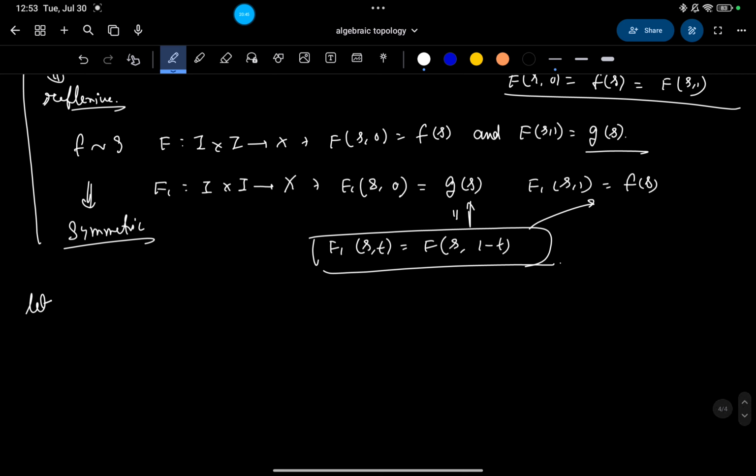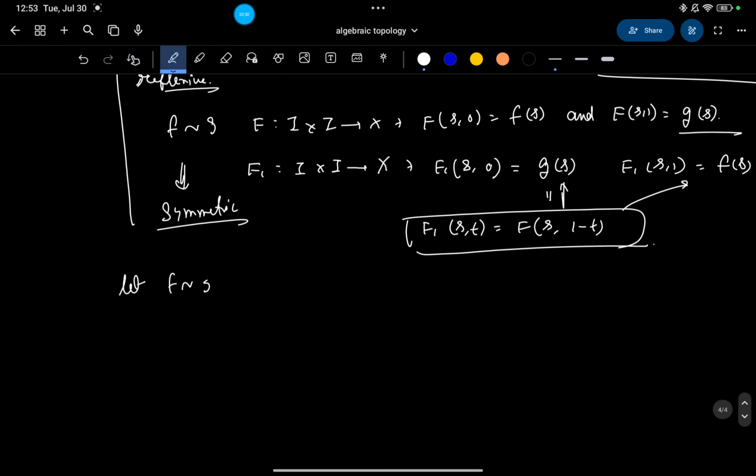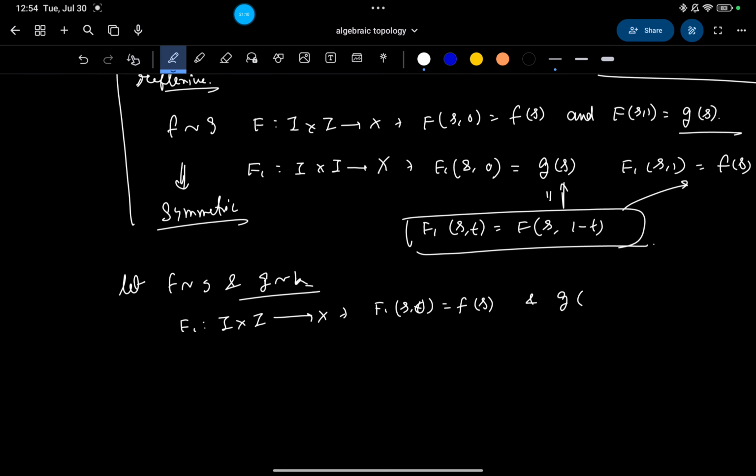And let f be homotopic to g and g be homotopic to h. Okay, let us define F1 from I cross I to X such that F1 of s comma 0 is f of s and F1 of s comma 1 is g of s.